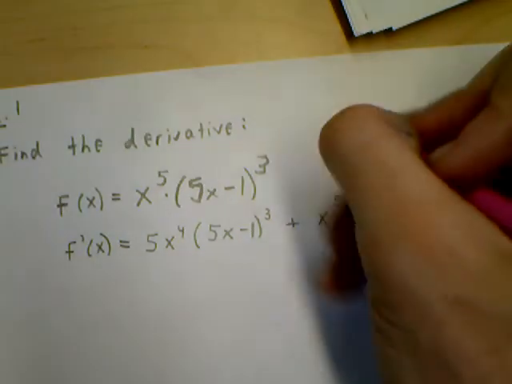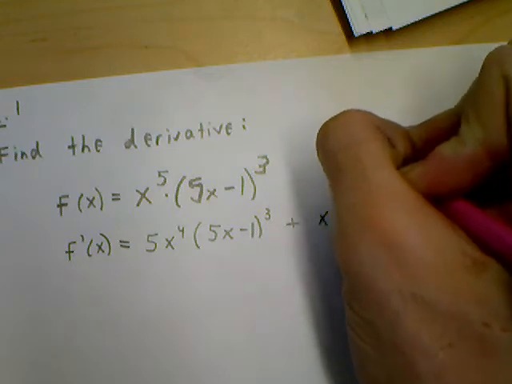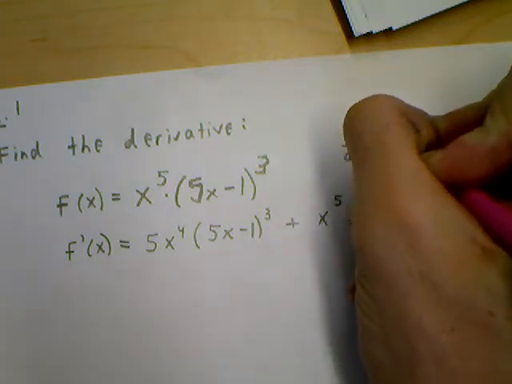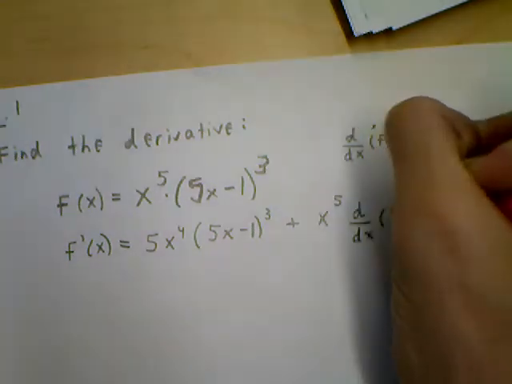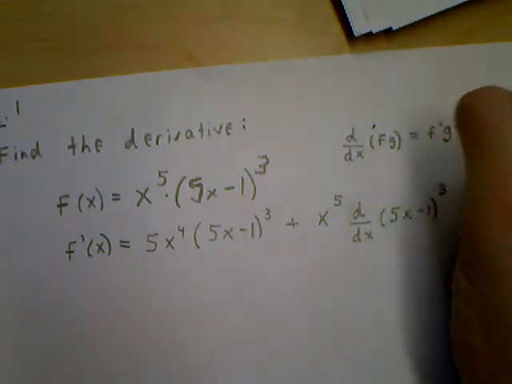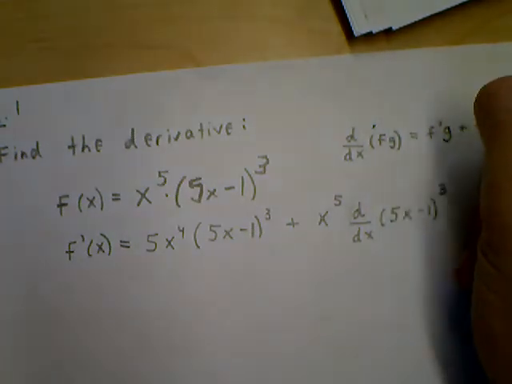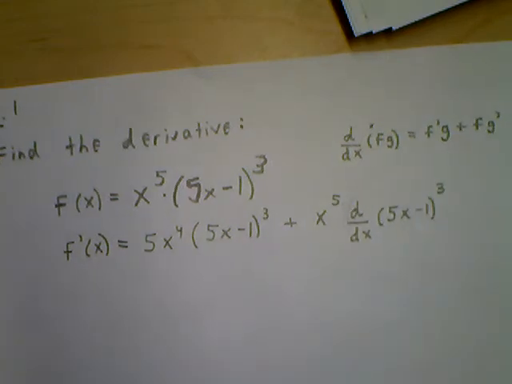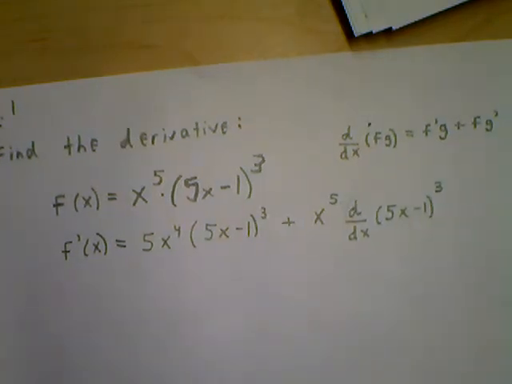So I just applied the product rule. The derivative of a product is the derivative of the first function times the second plus the first function times the derivative of the second. Now we have to keep going.